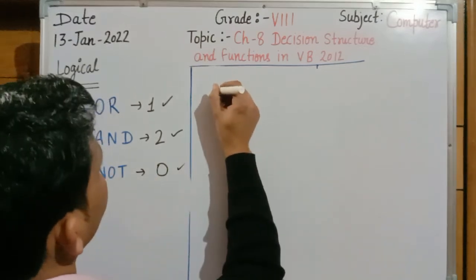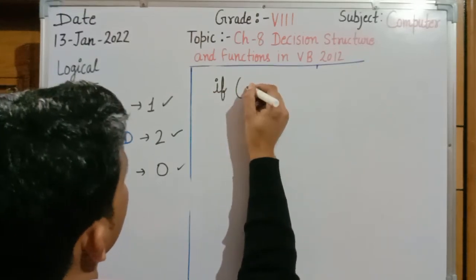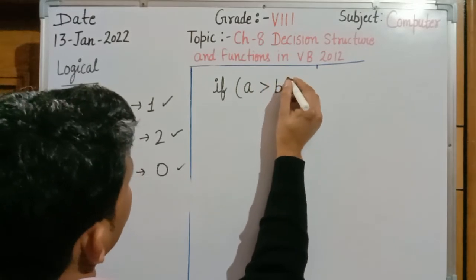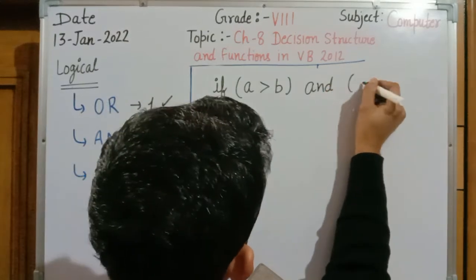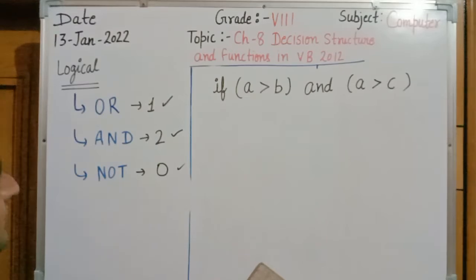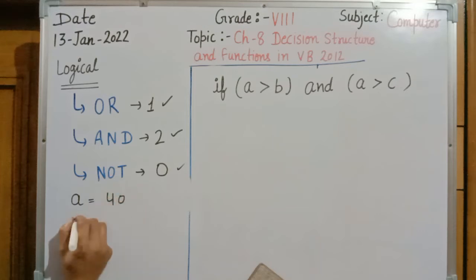Suppose I am writing if A is greater than B and A is greater than C, and I take A equal to 40, B equal to 30, C equal to 20.